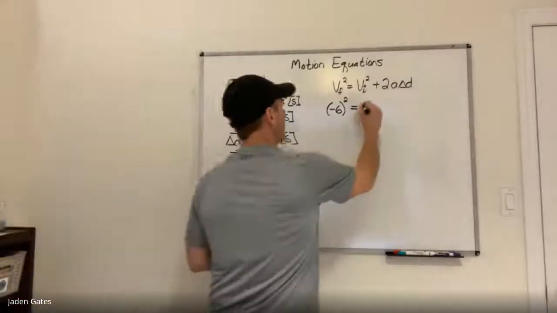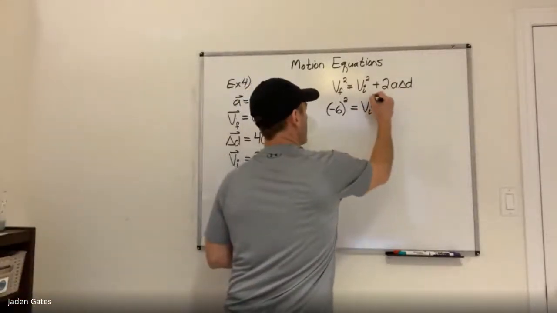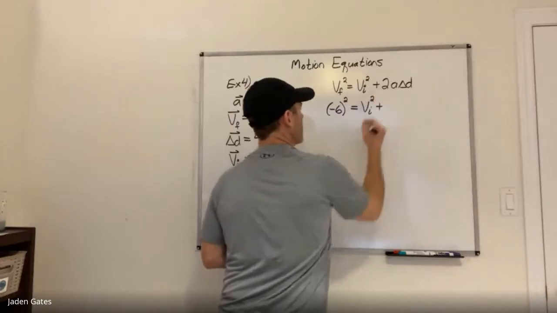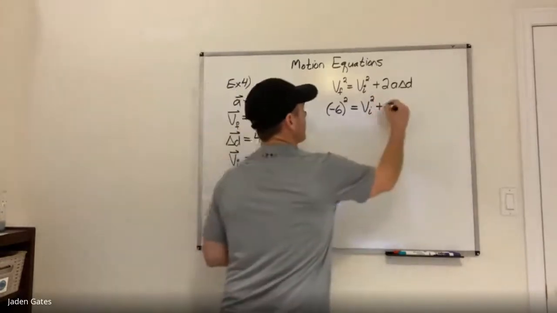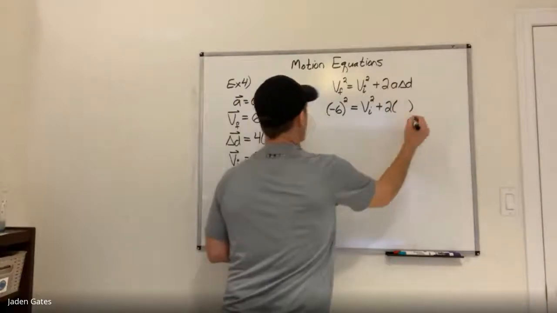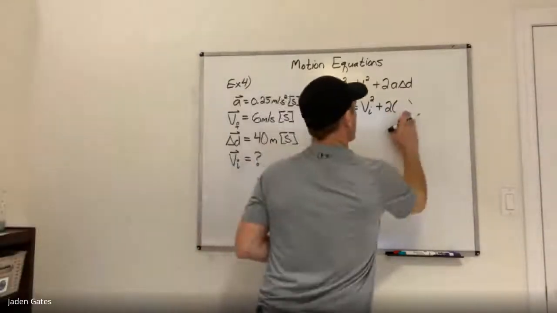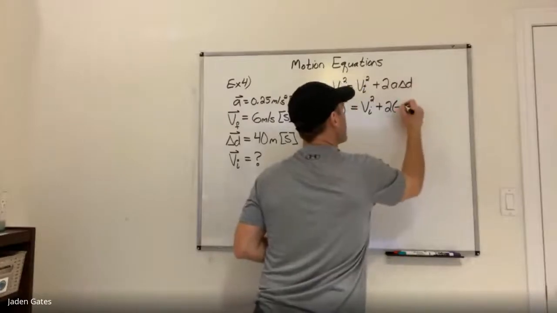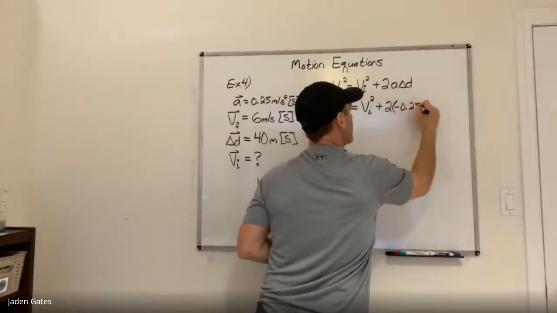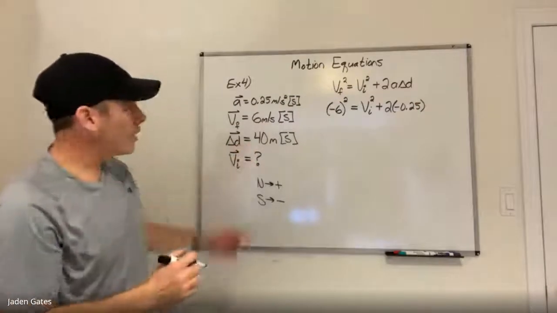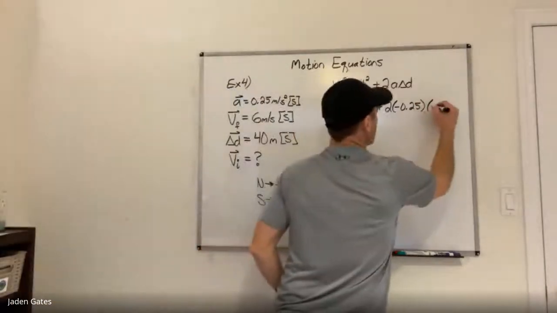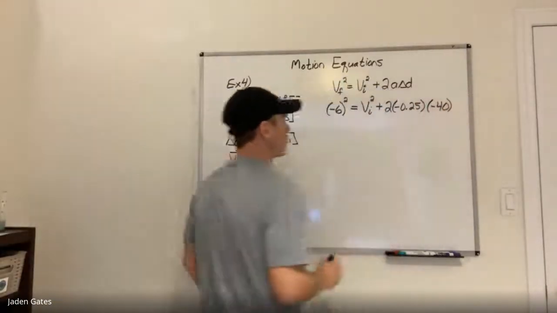I have a VI squared here, plus 2 times A. What was A here? 0.25, but it's south, so it's going to be negative 0.25. And my delta D is 40, so it's going to be minus 40 because, again, it is south.